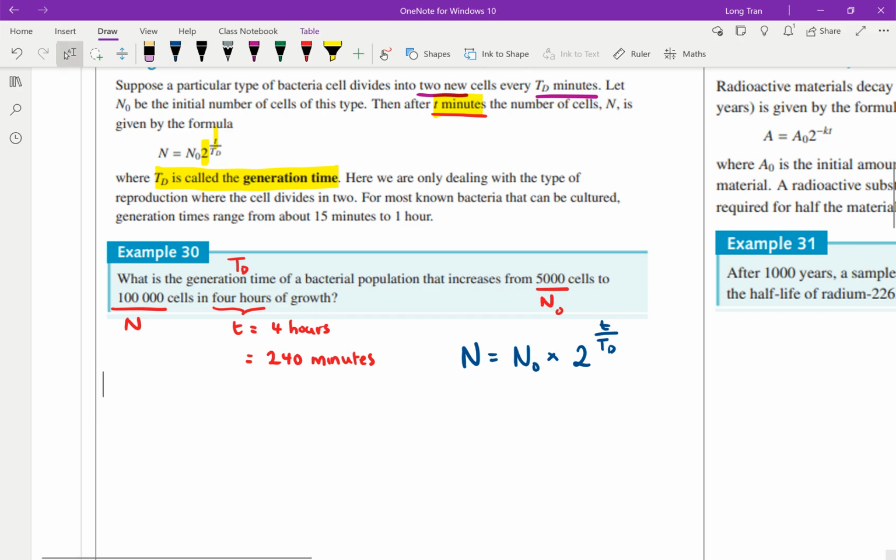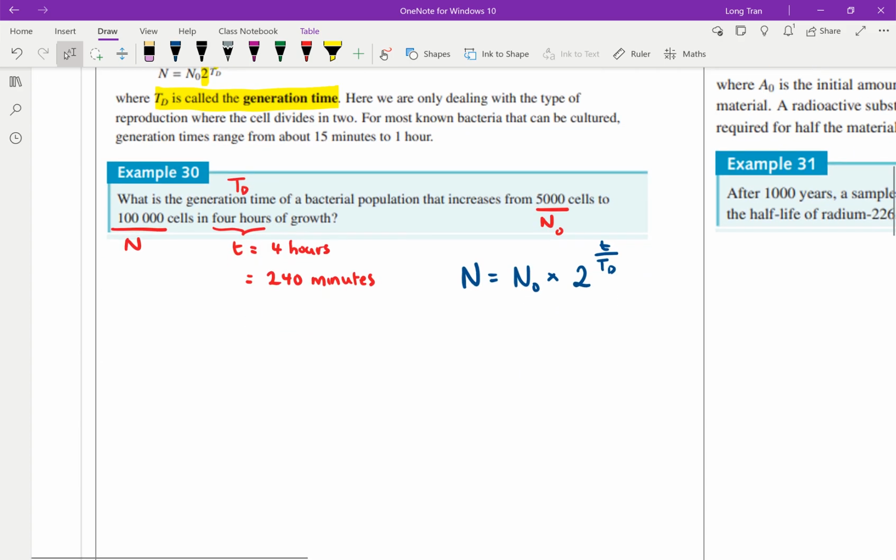You can start putting in the numbers and solve by hand or on a CAS, but let's do both. We know that N, the final one, is 100,000, equal to 5,000 multiplied by 2 to the power of, not 4 hours, but 240 minutes over TD, the generation time.